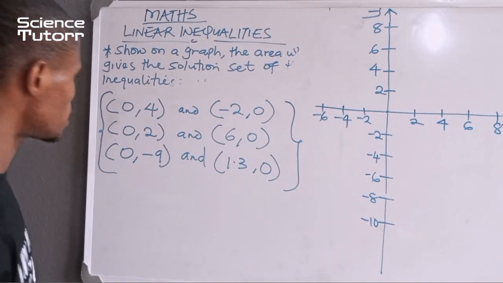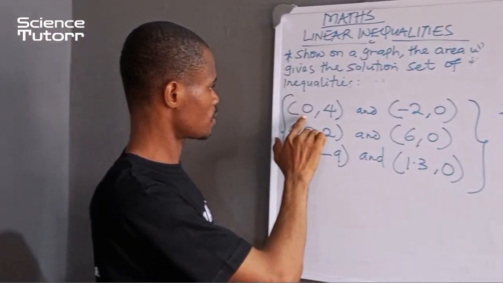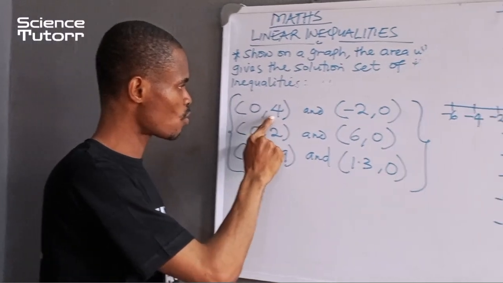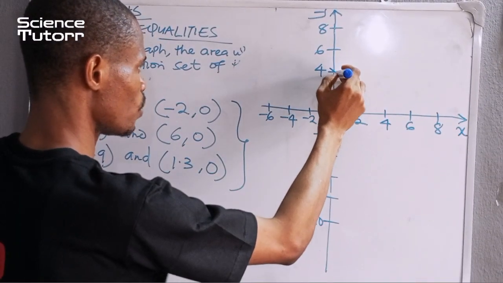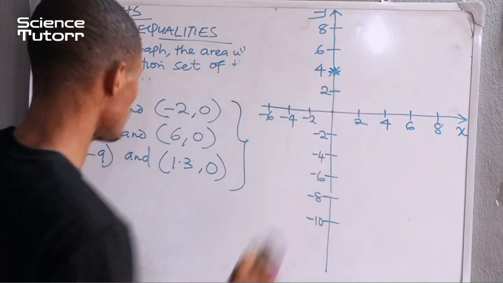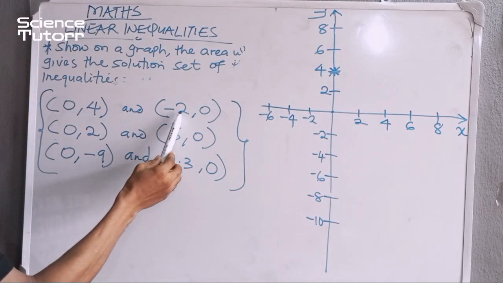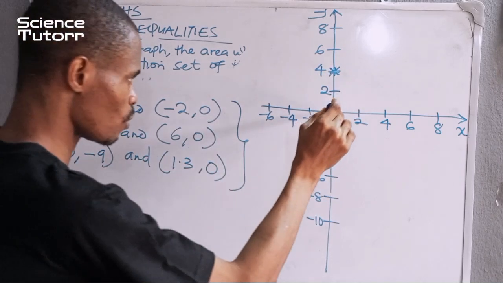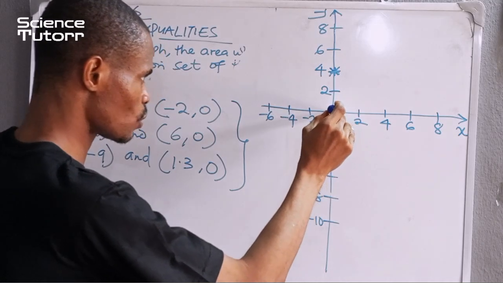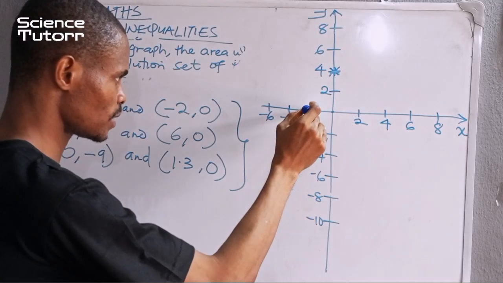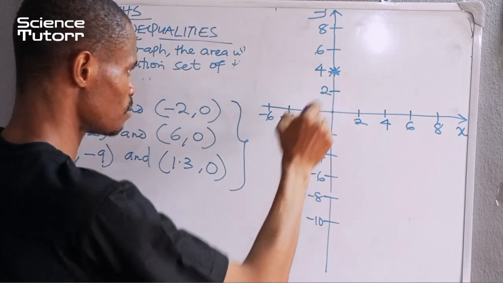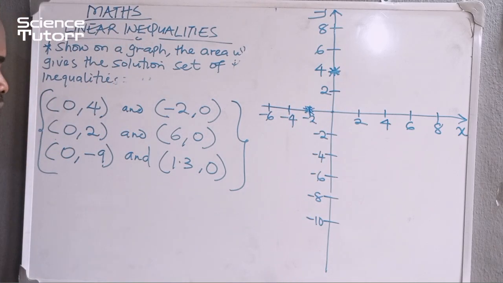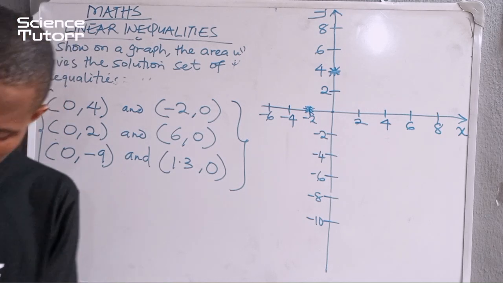So let's begin plotting our graph. When x is 0, y is 4. This is the point I mark. When x is minus 2, y is 0. This is the point I mark. At the end of the day, I have my linear inequality graph for the first case. Then I have to go back to the question.